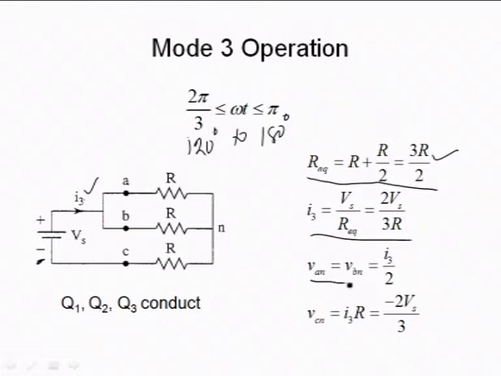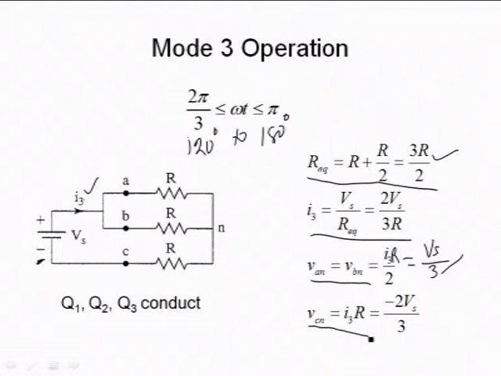So, what is important here? VAN and VBN are equal. So, that is nothing but I3 by 2. I3 by 2 times R is equal to Vs by 3. So, what is VCN?